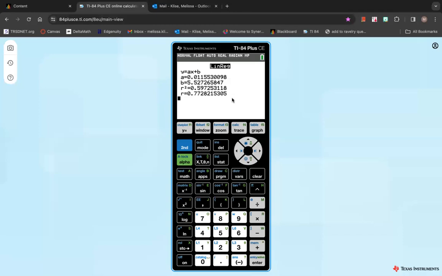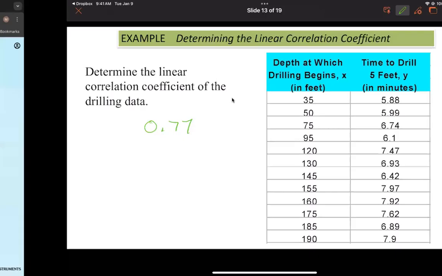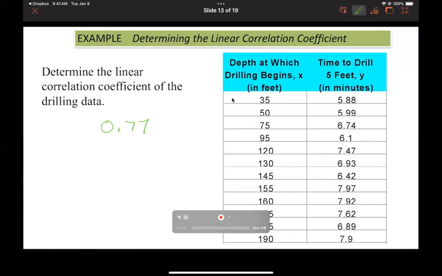So our correlation coefficient, I'm going to write it on my screen before I go back there, is 0.77. We usually round them to 2 decimal places. It doesn't matter. I'm not going to get mad at you if you round it to 3 or 4. We just usually go to 2. All right. Questions on this before we go back to our other screen? Okay, I'm going to bump back there. So I wrote down 0.77.